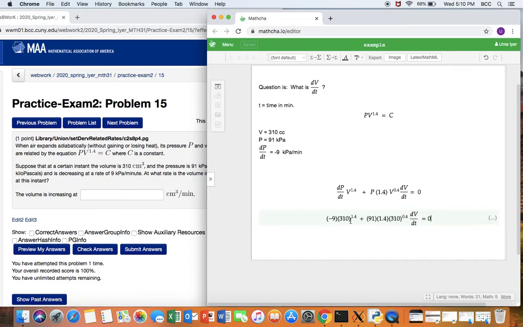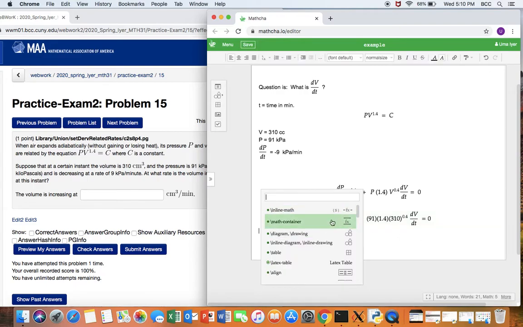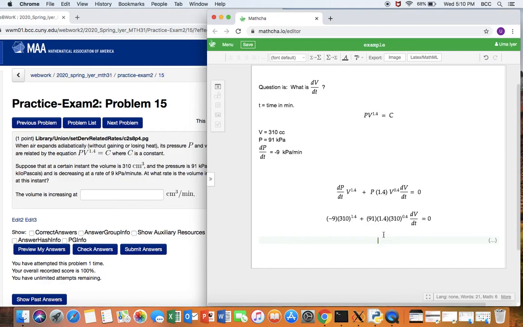So get all of this to the other side. First step. I'll keep this on one side, and I'll take this to the other side.